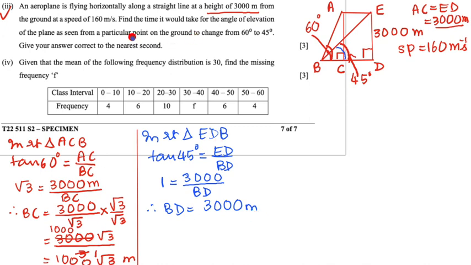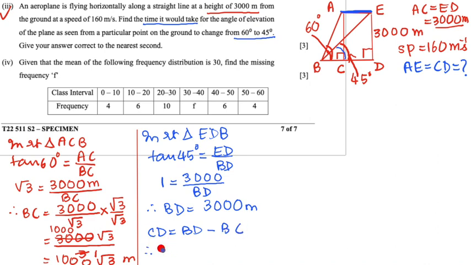Now they are asking, find the time it would take to have the angle of elevation change from 60 to 45. From 60 to 45 it has traveled this distance. So we have to find AE, which is equal to CD, which is equal to how much? So in order to get CD, we will have to subtract BC from BD. So we will say CD is equal to BD minus BC.